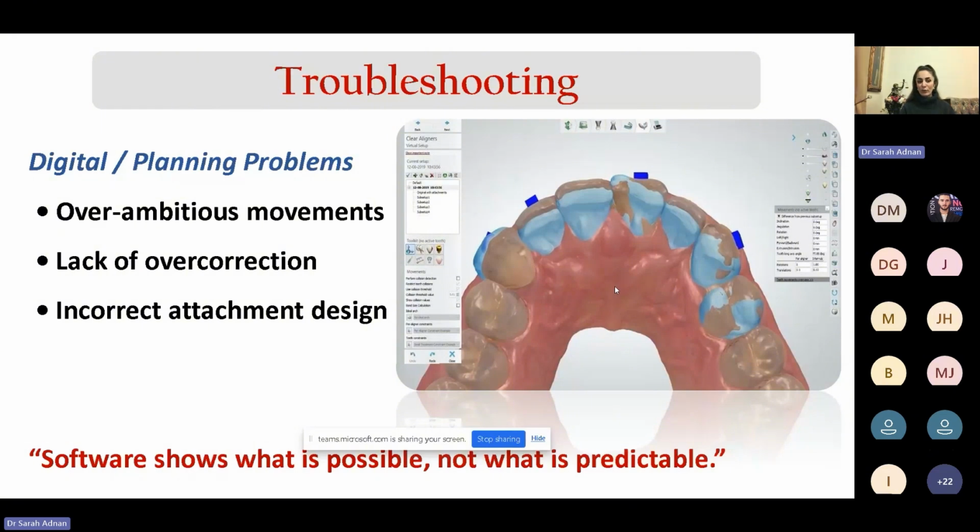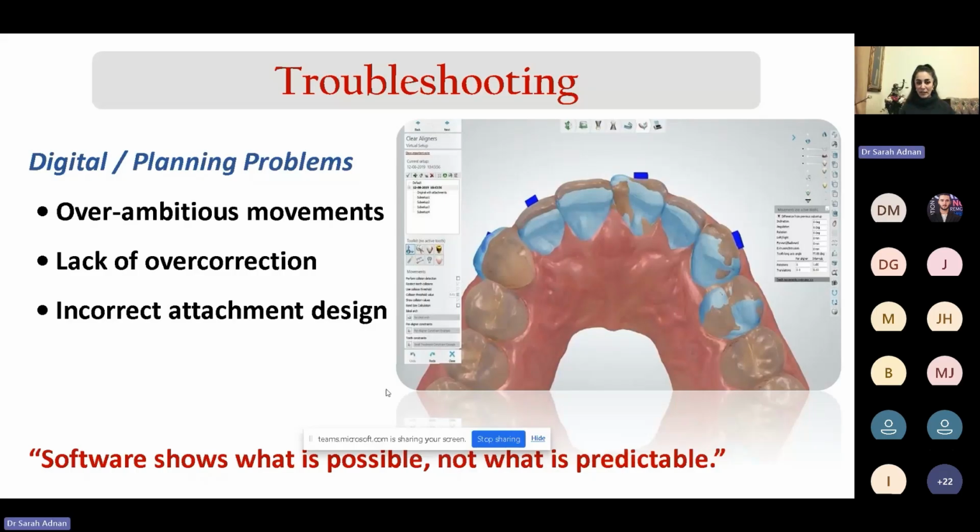Lack of overcorrection. An essential step is overcorrection, especially in rotational tooth movement. Overcorrection is essential to prevent any errors and to make sure that the treatment is going as desired. If you did not do overcorrection, you will not get the perfect results that you want.